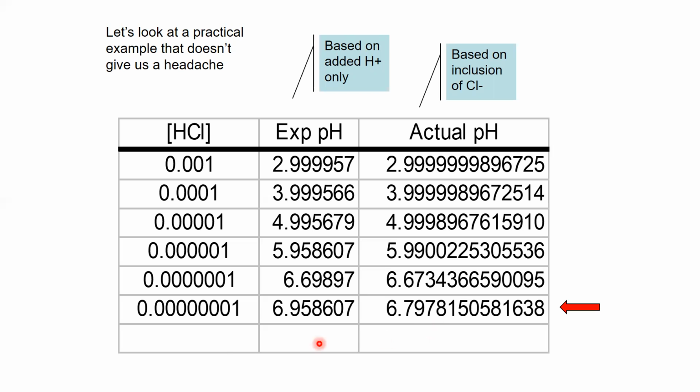So the expected pH is 6.96 rounded up. And it's much lower, 6.8, at physiologic pH. Numerically, this is not very different, but at physiologic pH, it becomes quite important. These differences are much greater. The whole purpose of this is to persuade you that strong ions alone can affect the pH of the animal.